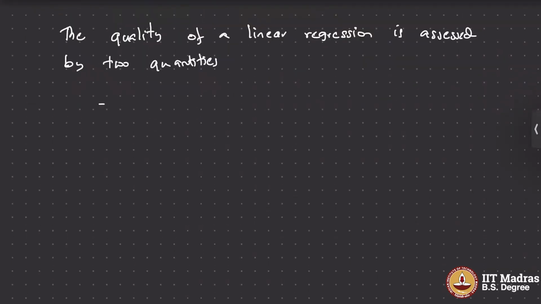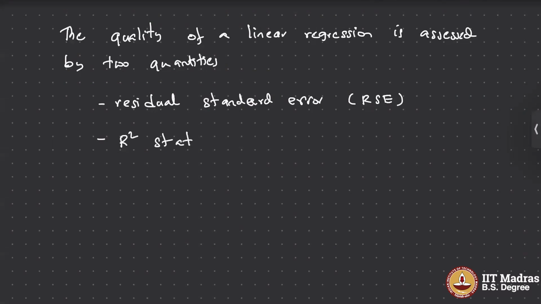One is the residual standard error, called the RSE. I'll explain that in a second. The other is the R-square statistic. These are the two things that one can use. I will try and show both of them in a second.